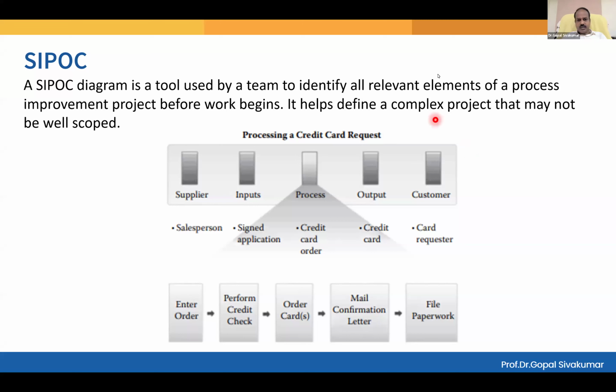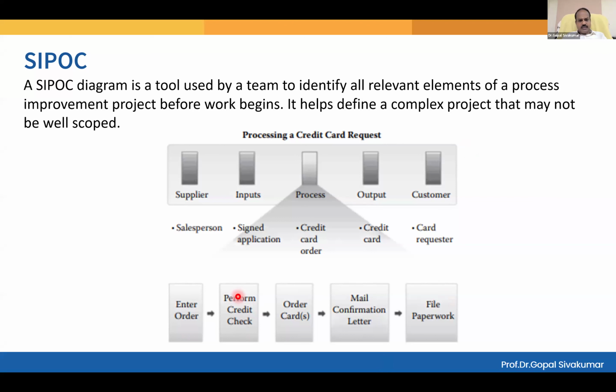See here in my slide, what you see is a credit card ordering process. The process is visualized. Once you submit your application form for the credit card, an executive from the bank side performs the credit check.